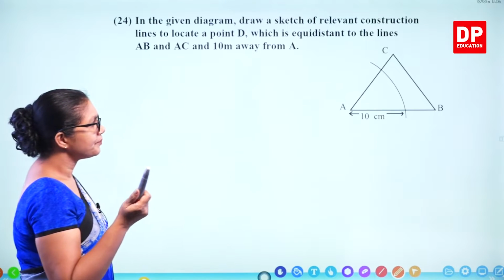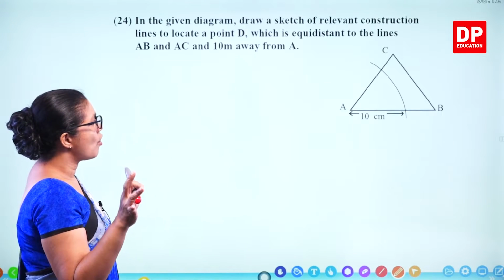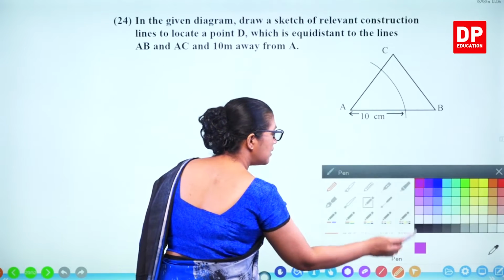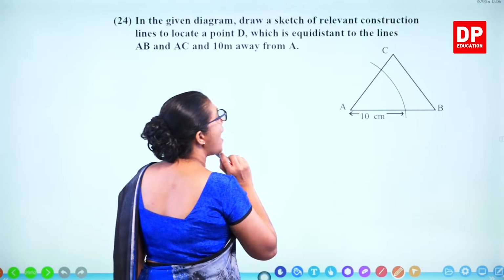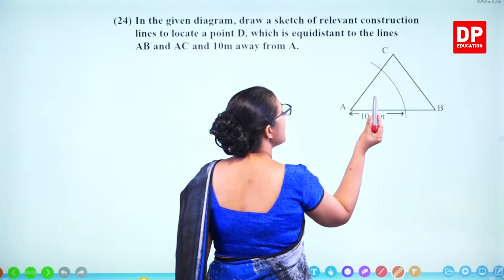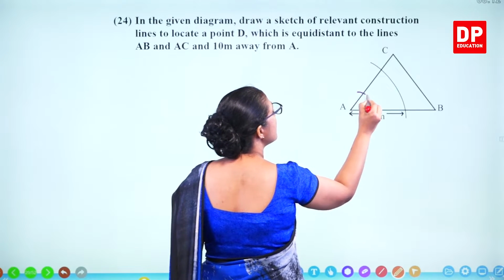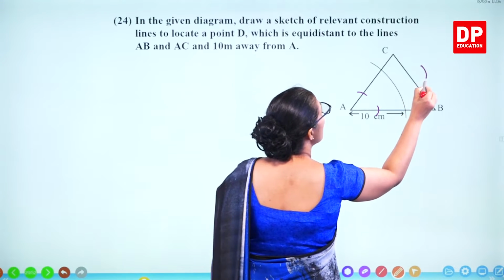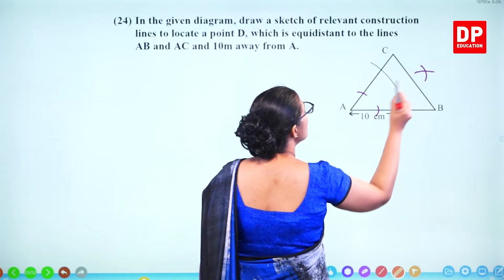How do you draw an angle bisector? You take a certain distance, draw an arc here, then take the compass from here and draw the other 2 arcs.